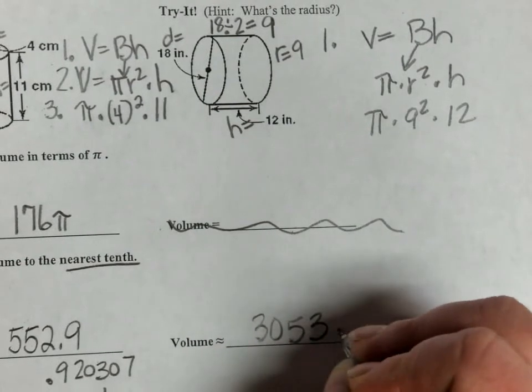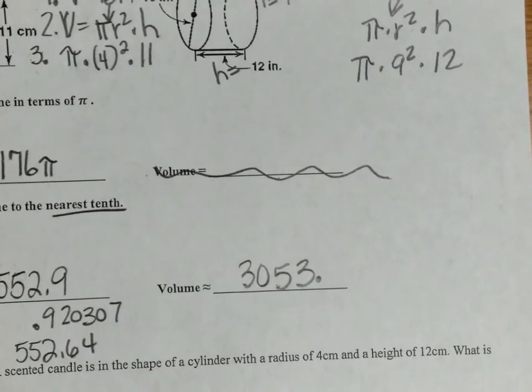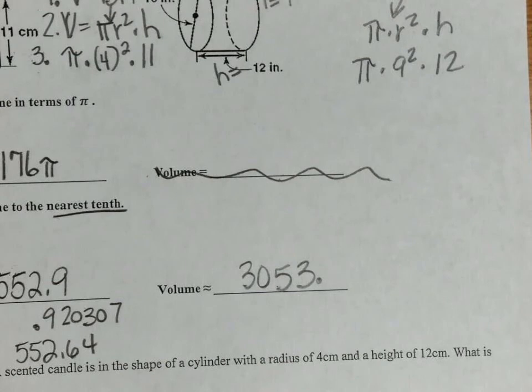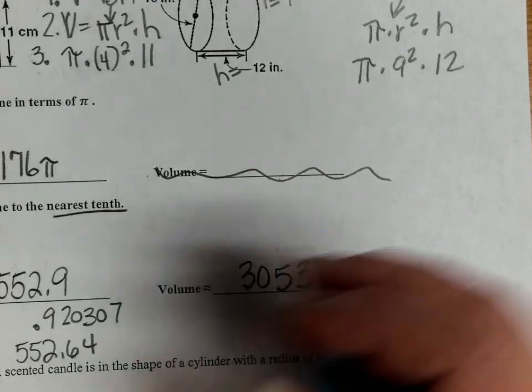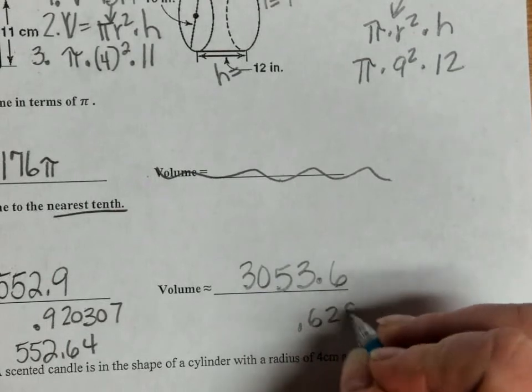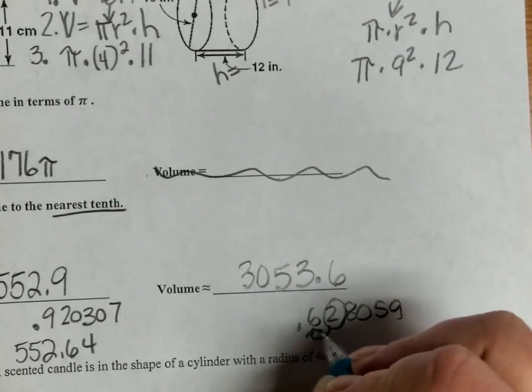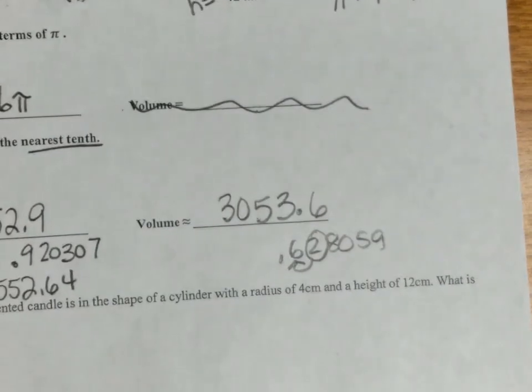3,053 to the nearest tenth is going to be what? Point what? Tenth is the first number after the decimal. So what is it? Is it 0.5 or 0.6? 0.6, because it's 0.6288059, and this 2 says let that 6 rest, right?